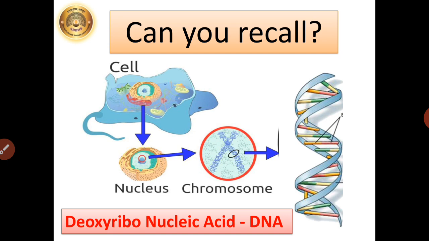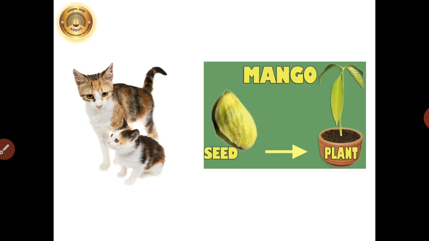What do we call the process of transfer of physical and mental characters from parents to the progeny? Look at the picture. Cat's young one, that is kitten, looks like mother cat. Same way, if we sow the mango seed, from it mango plant will only grow.